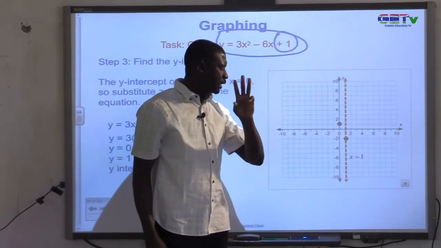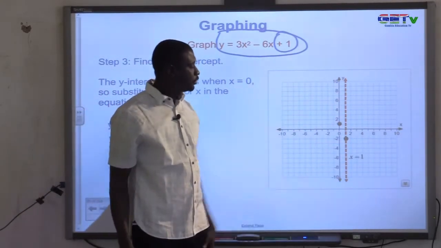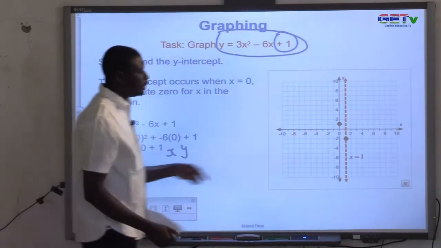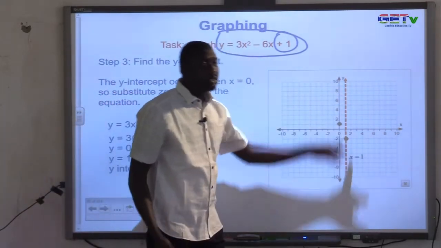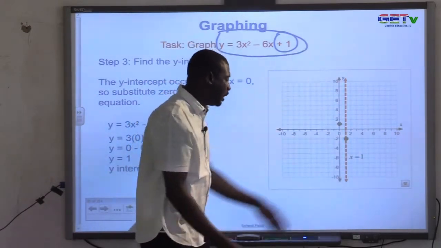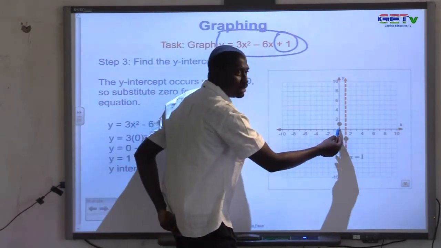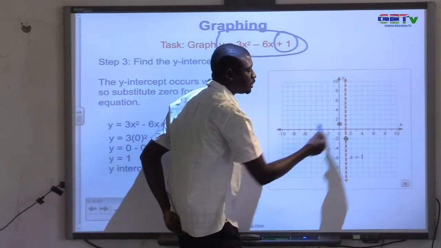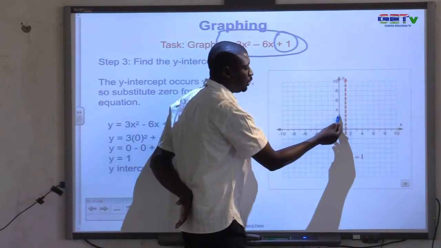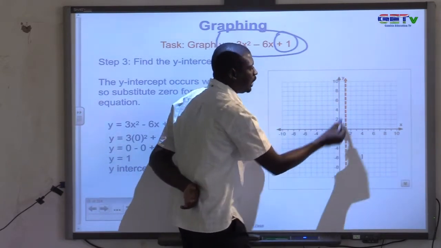On the Cartesian plane, that is the xy plane, when y equals 0, we have to look at the y-axis. y equals 0 here, y equals 1, y equals 2, 3, 4, 5, 6, like that. So y equals 1 is at this point there.